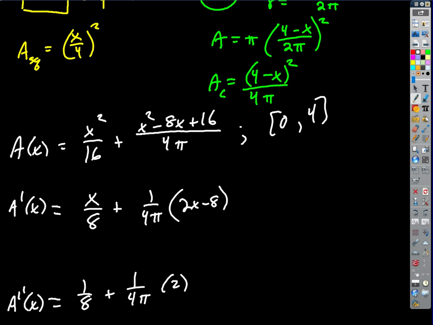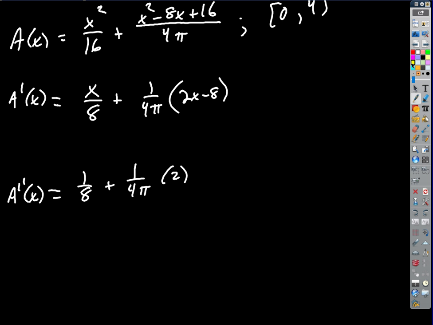Let's go back to our first derivative row here and find the critical numbers. If we set this thing equal to 0, when does that equal 0? Let's write it out. If we redistribute here, x over 8, x over 2 pi minus 2 over pi equals 0.